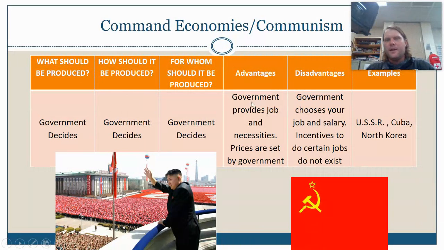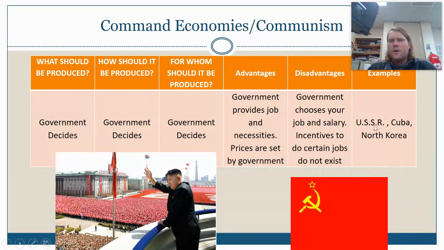The advantages are that the government's able to provide things for people. However, the disadvantages are that there are no incentives for you to overproduce and produce more, right? Because obviously in a capitalist economy, you're going to be able to sell your overproduction. That doesn't necessarily exist in these cases.